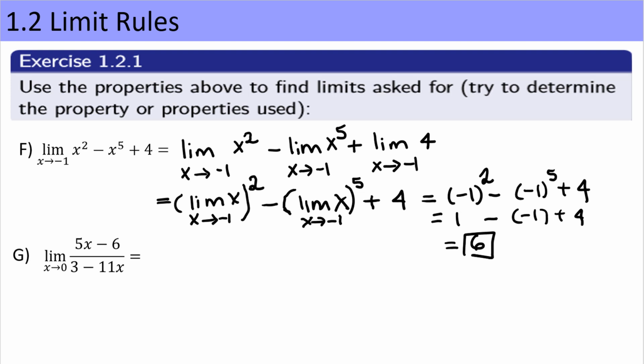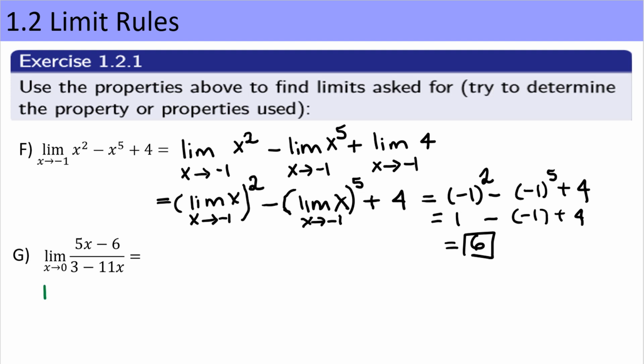Let's do part G, and we want the limit as x approaches 0 of the expression 5x minus 6 divided by 3 minus 11x. For this rational expression, let's take the limit of the numerator and the limit of the denominator.